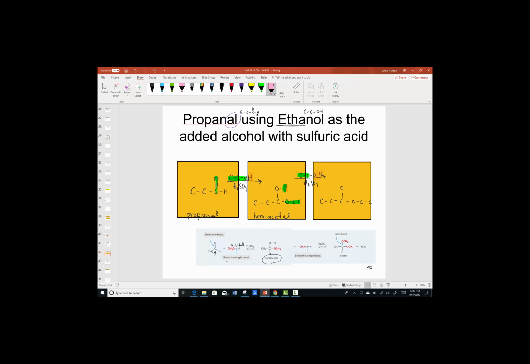And the H and OH form the water molecule. And so on this compound up above, it will have the mirror image. In other words, these two functional groups are indeed identical from the alcohol that we placed, the original ethanol. And of course, what's not shown, but it is here, is the remainder there of a water molecule. And this is converted all the way then to an acetal group.